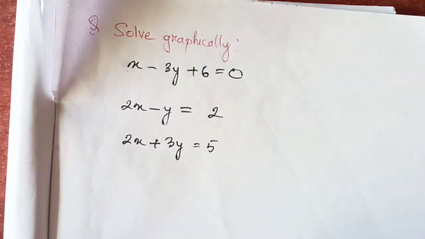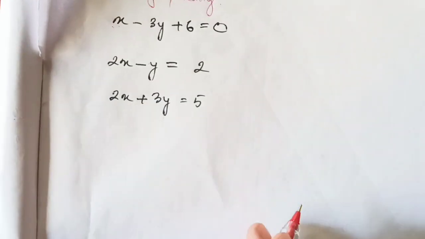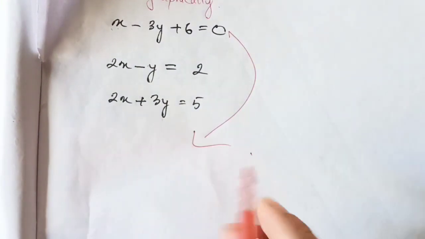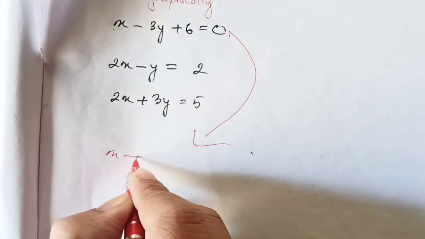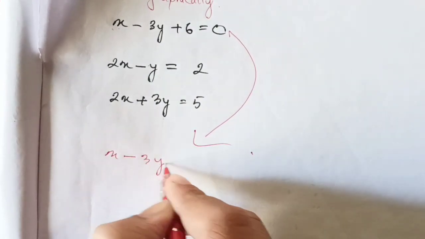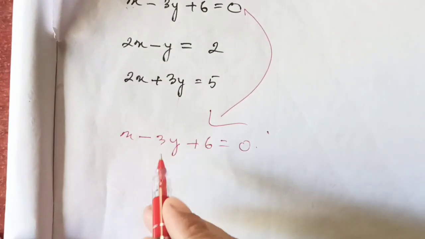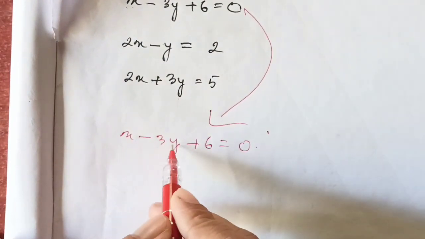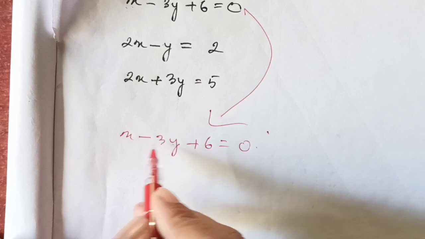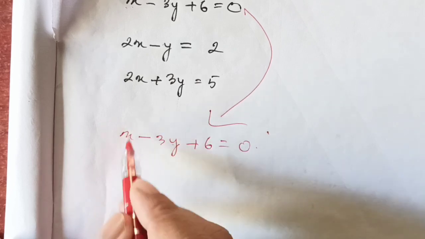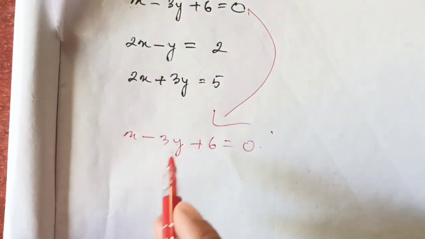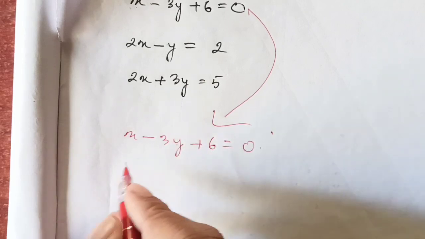For such a type of equation, we find the tabulation like this. Since y is together with 3 and x is alone, the variable which is alone, you keep it alone and transfer the remaining.